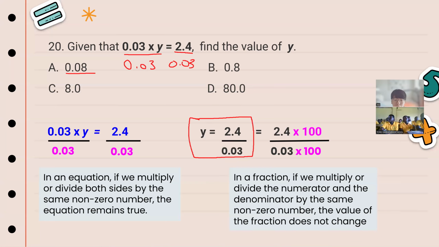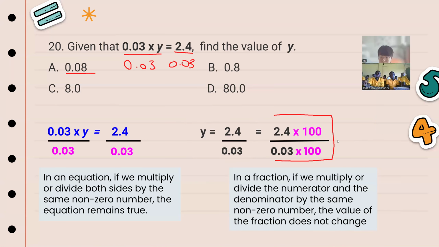Well, we can multiply 100 on both the numerator and the denominator, and we get 240 over 3. That should be y. So it's not A, and what do you think the answer is now?